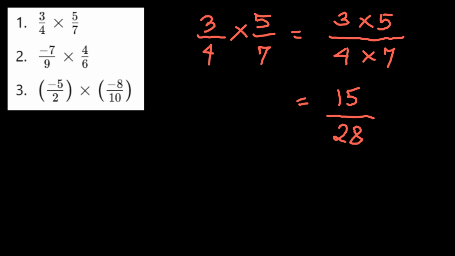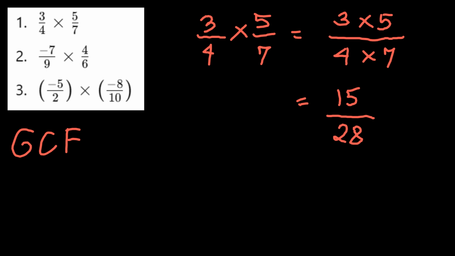But we must not forget to simplify. When we say simplify, that means we check if we can still reduce the resulting fraction to its simplest form. And how will we do that? That is where the greatest common factor, or the GCF, comes in. What is the GCF? The GCF is the greatest common factor.